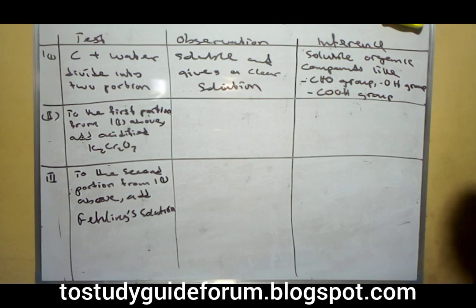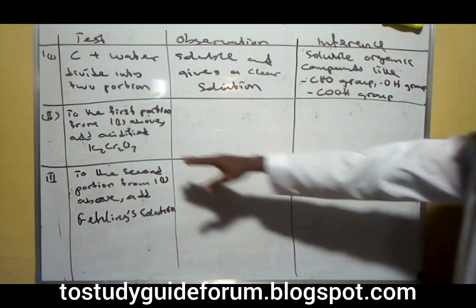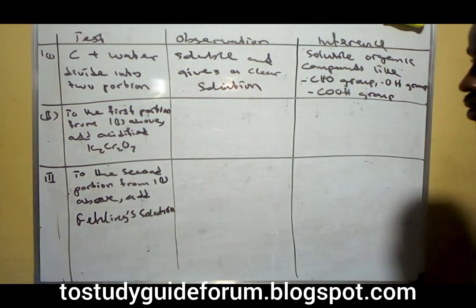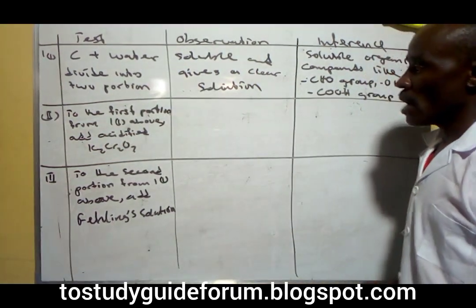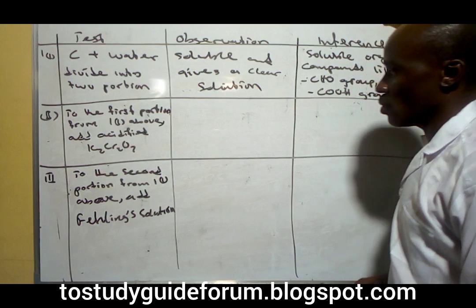In the second phase, the first portion, you add potassium dichromate solution.